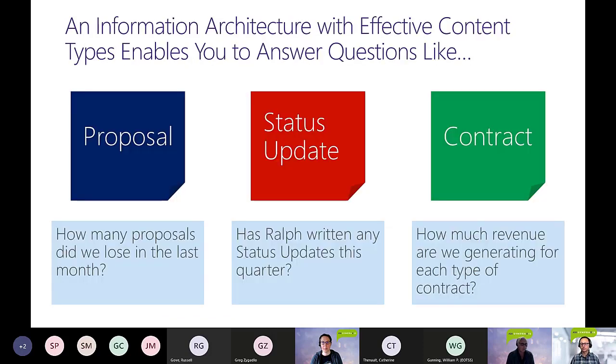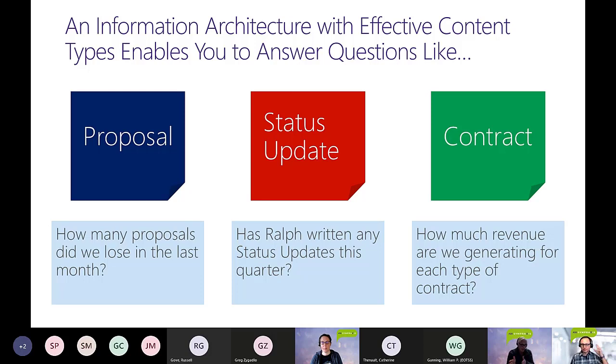And then the reason you do this, in my mind, primarily is so that you can start answering questions like these. How many proposals did we lose in the last month? How much revenue are we generating for each type of contract? If you've just got a big document library and you're dumping content in it, you can't even tell which documents are contracts unless you follow some sort of naming convention, or you drop them into a particular folder or something like that.